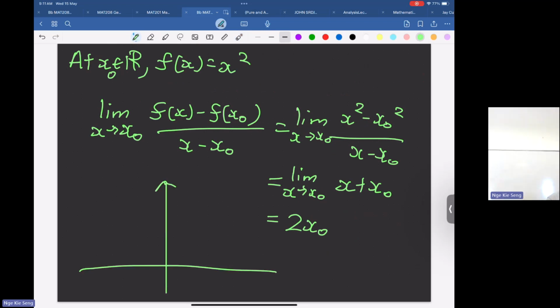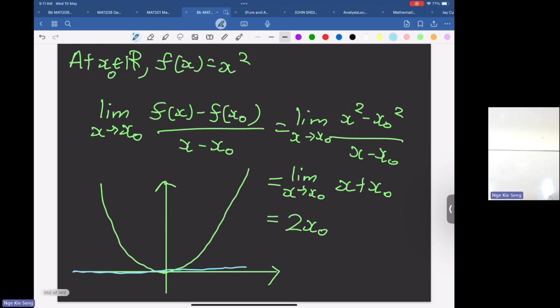So let me draw to you. For example, this is x squared, right? If you want to consider a gradient, or a secant, the limit of the secant at this x0, x0 equals 0, what do you get? The gradient here is really 0 because 2x0 when x0 is 0 is 0. And then what else?